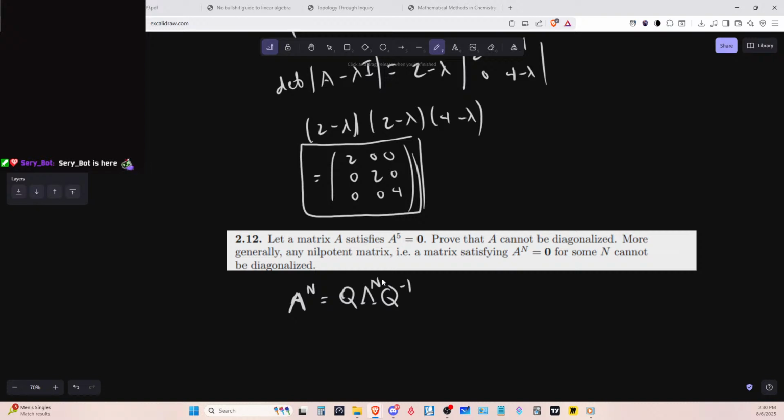Okay, but now it's telling us that we have to prove that it equals 0.